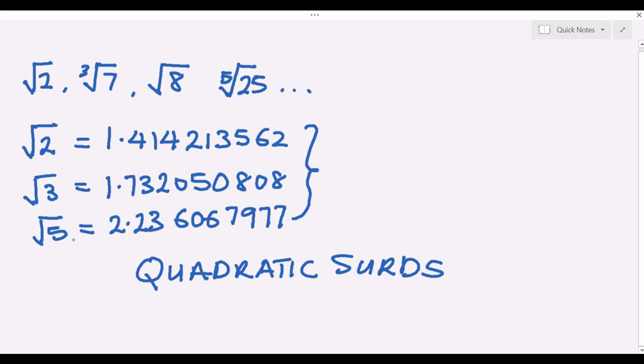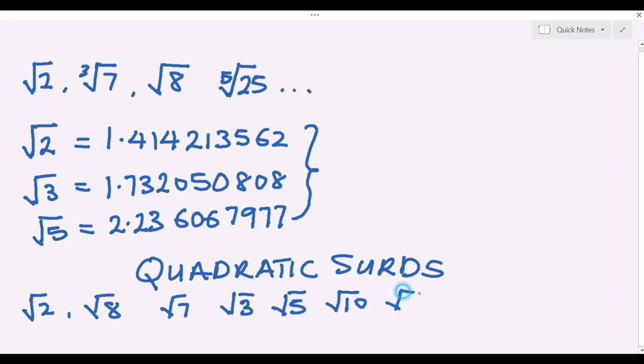So we'll be looking at surds like this: the square root of 2, the square root of 8, the square root of 7, the square root of 3, the square root of 5, the square root of 11, and so on.